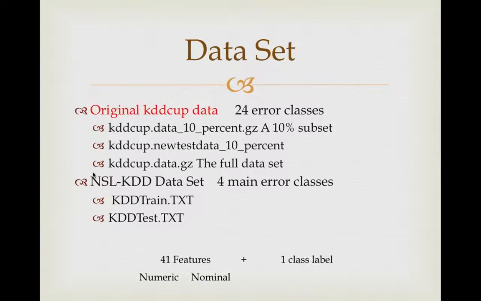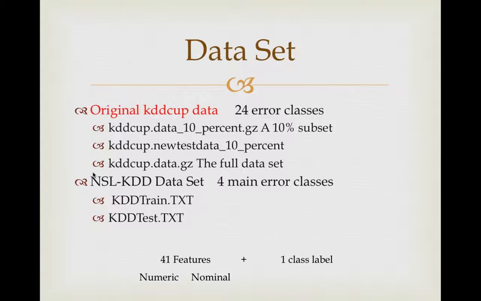So first, I will introduce the work I've done using the original kddcup data. The dataset includes 41 features and one class label. Within those features, there are numeric features and also nominal features.